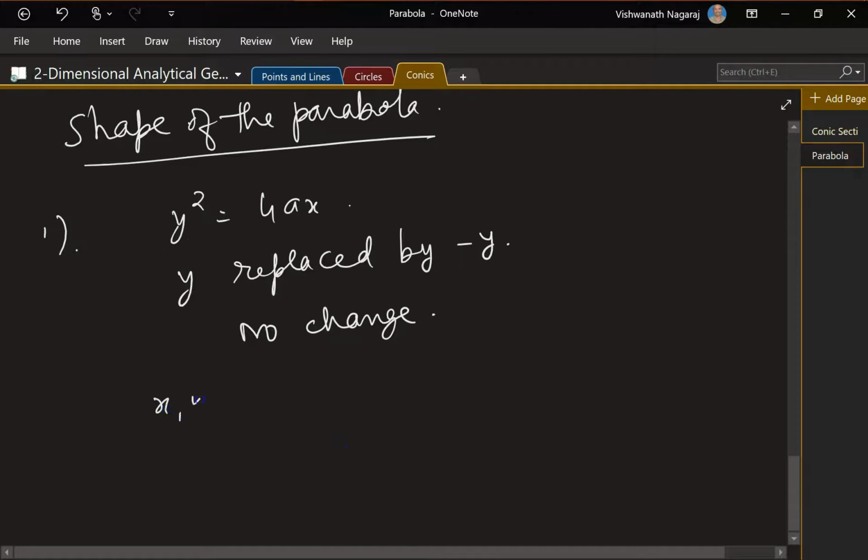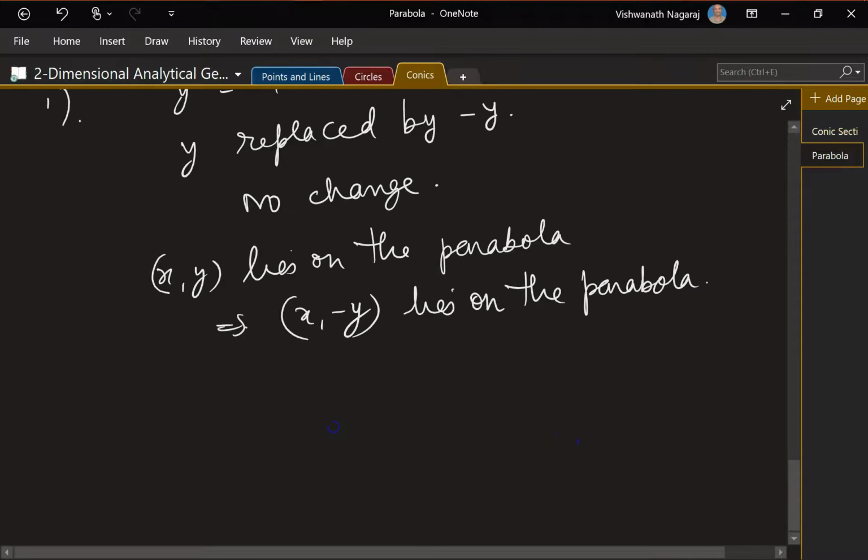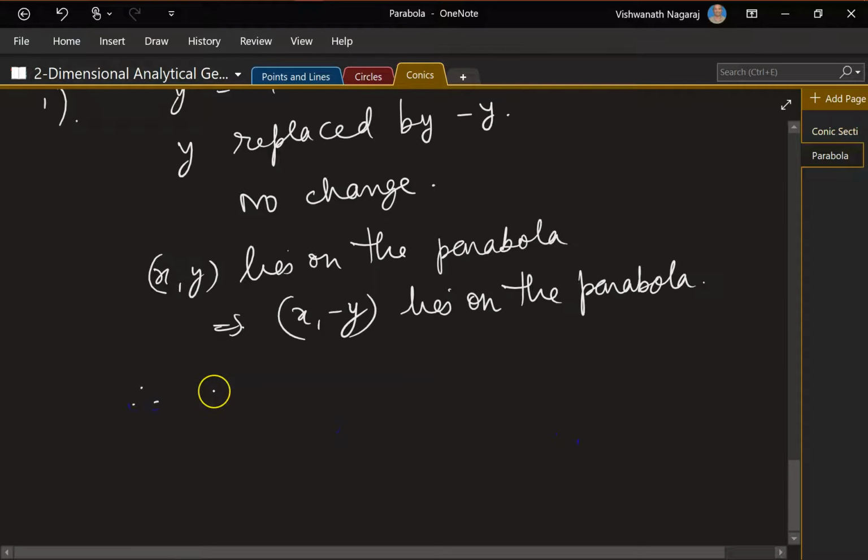So if (X, Y) lies on the parabola, it implies that (X, minus Y) lies on the parabola. Therefore we can say that the parabola is symmetric with respect to the x-axis.